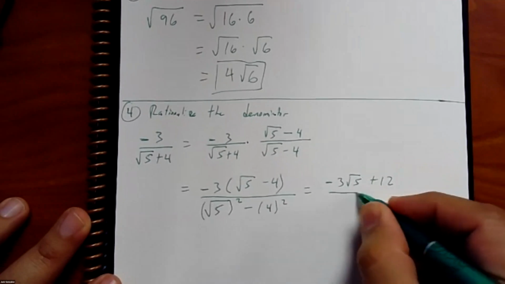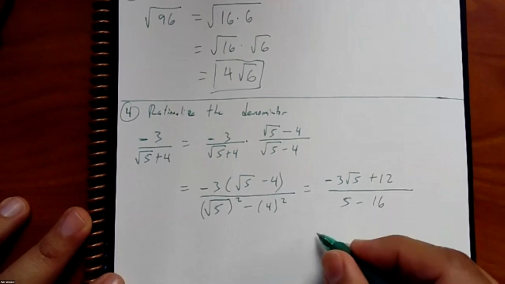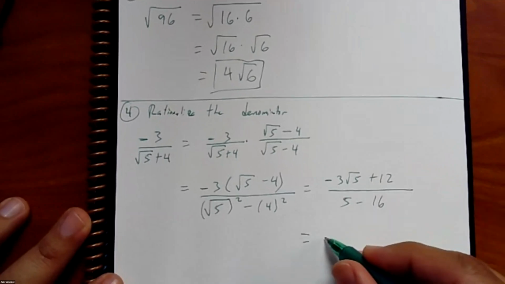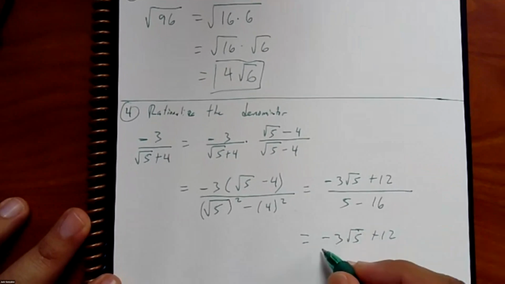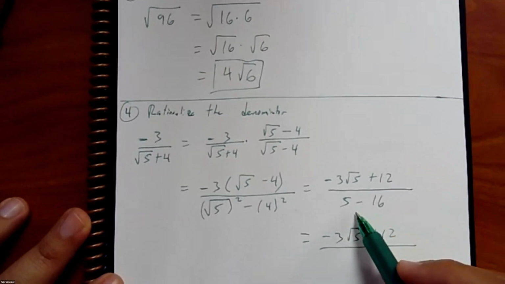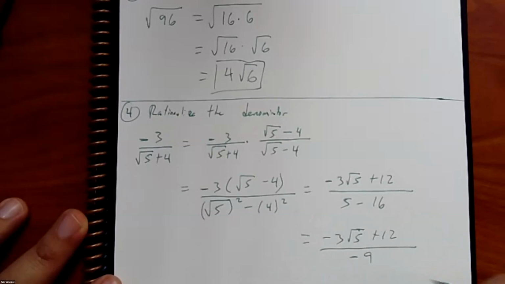Distribute the -3. This becomes 5 minus 16, which is 9, right?